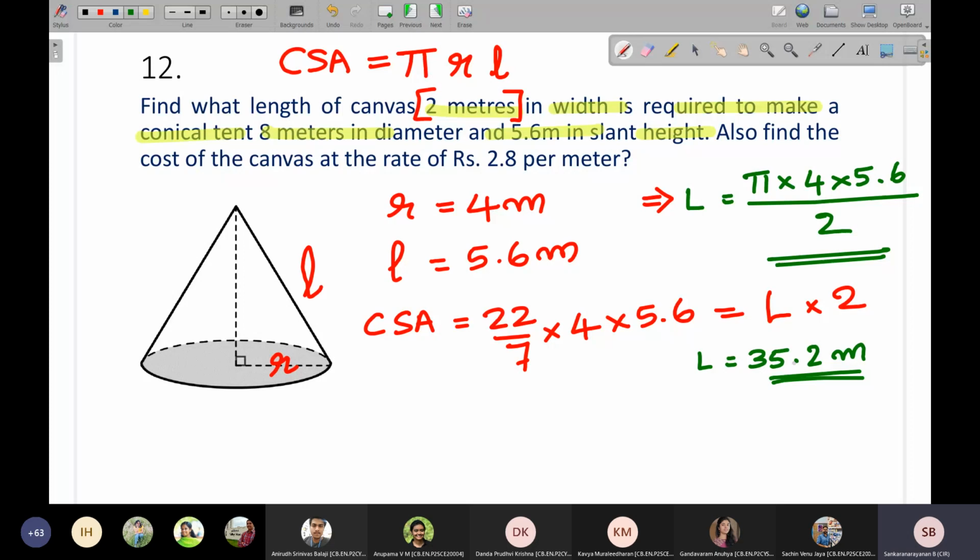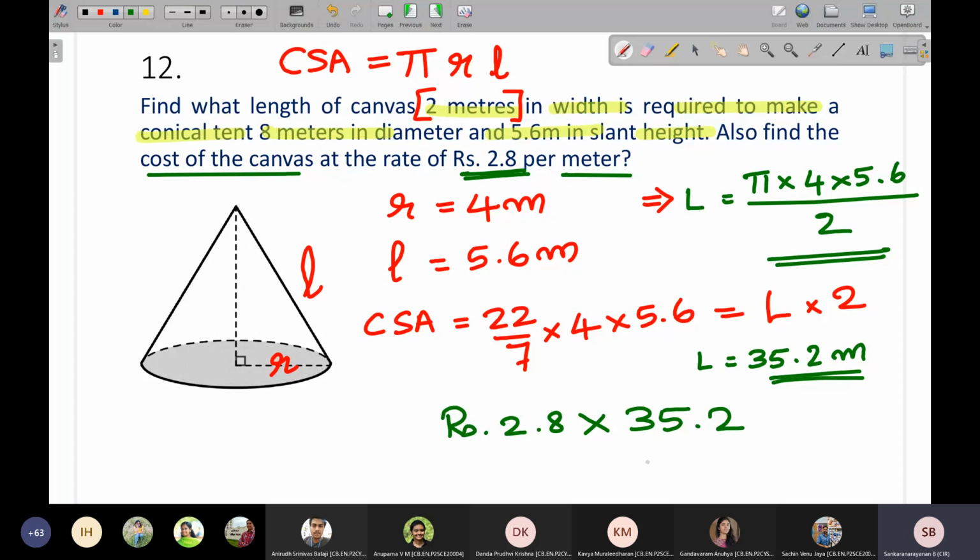Now, it is given that the cost of this canvas is rupees 2.8 per meter. So for 1 meter, the cost is rupees 2.8. Like that, you have to consider 35.2 meters of length.